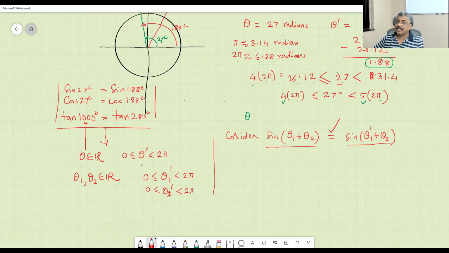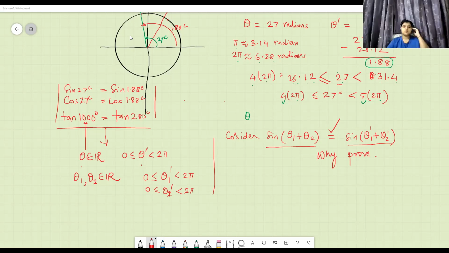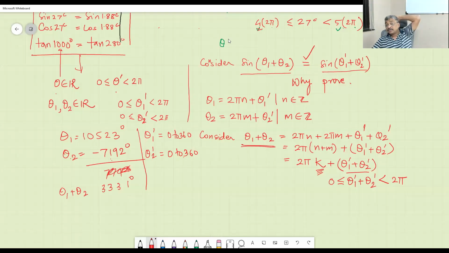I think this is correct. Sine of theta 1 plus theta 2 is going to be equal to sine of theta 1 dash plus theta 2 dash. Why? Prove. Okay.